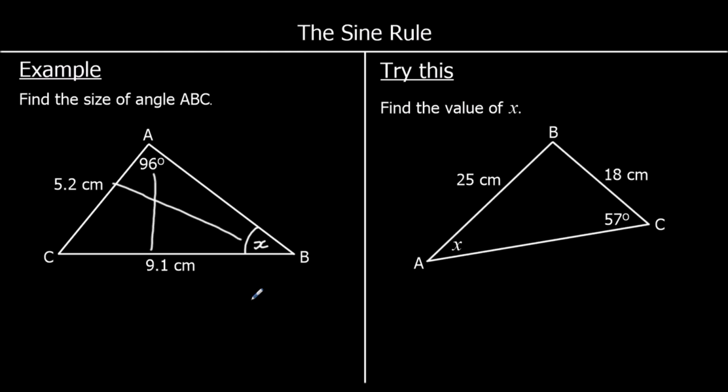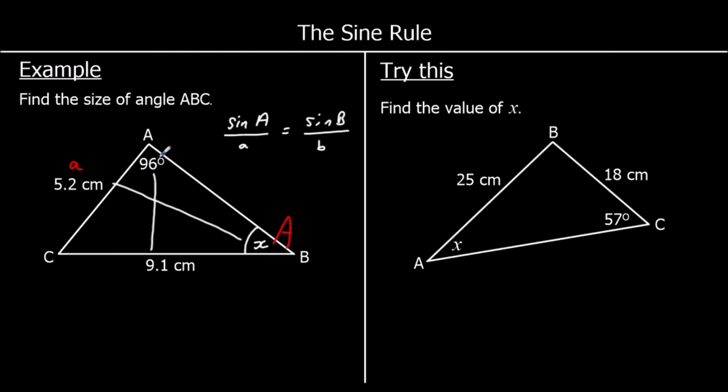This time, we're going to use the sine rule for angles. So it's going to be sine big A over little a equals sine big B over little b. So the sine always goes with the angle, and the big letter is the angle, and the little one is the length. So this time we're going to have x as big A, and opposite it, 5.2, will be small a.